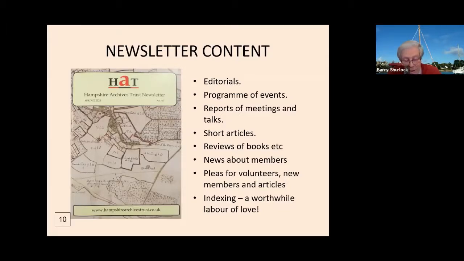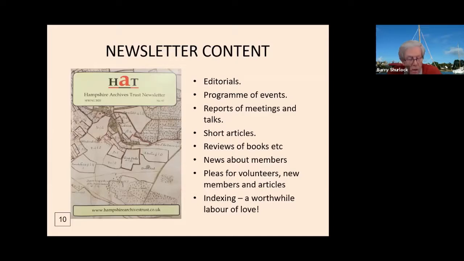Finally, and I think this is something I can't overemphasize, please index your newsletter. If you index it issue by issue, it will be relatively easy. If you've got a big pile of 20, or in the case of the Hampshire newsletter, which we've got 60 and we're doing an index, it is a hell of a job. But an index is worth almost as much as the publication itself.